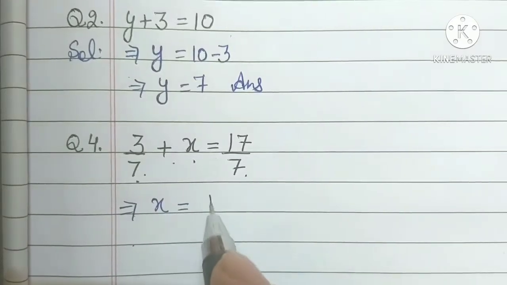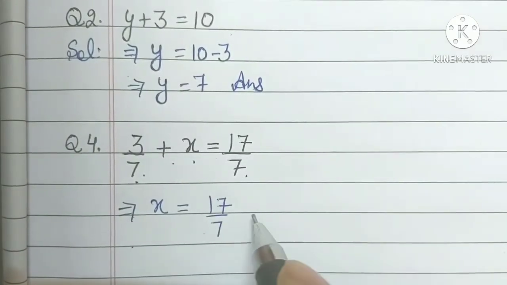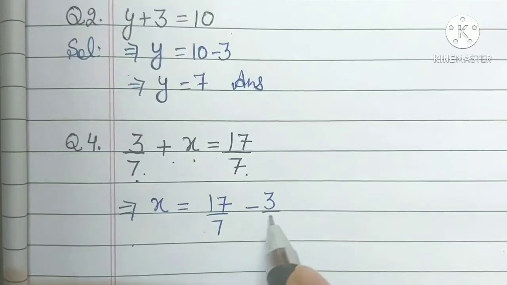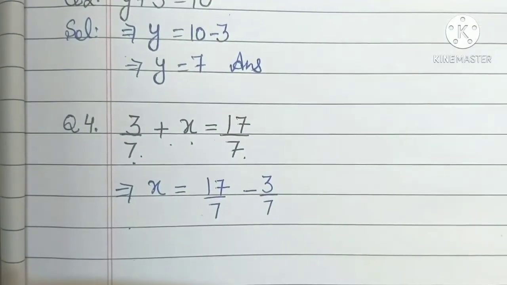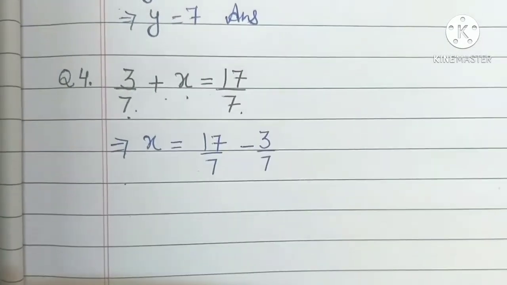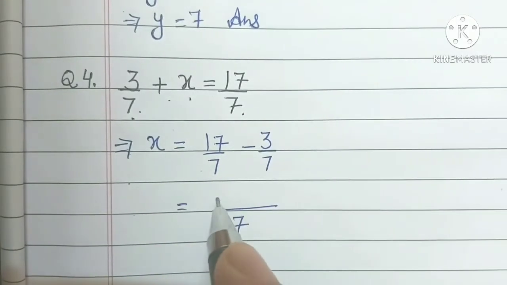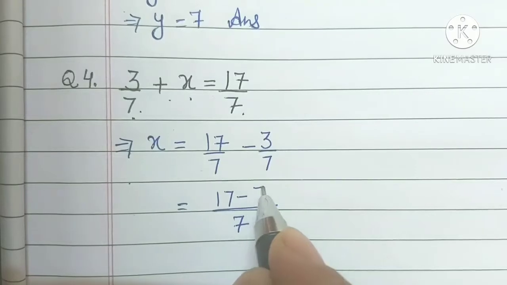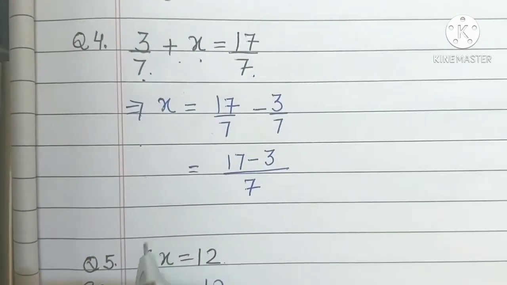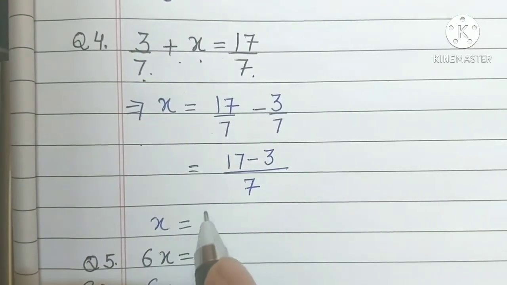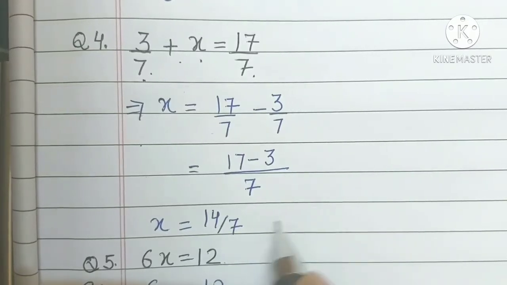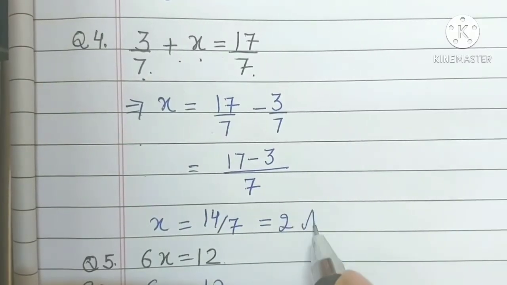So x will be 17 upon 7 minus 3 upon 7. Fine. So we need to take the LCM. 7 will be the LCM. So it will be 17 minus 3. So the value of x will be 14 upon 7, that is 2.